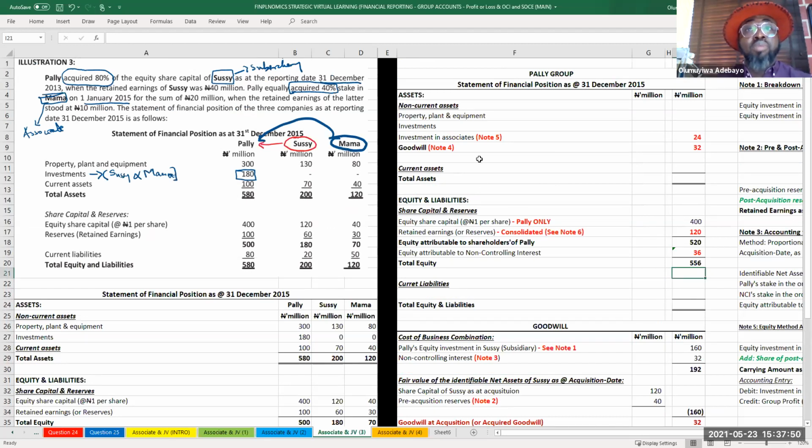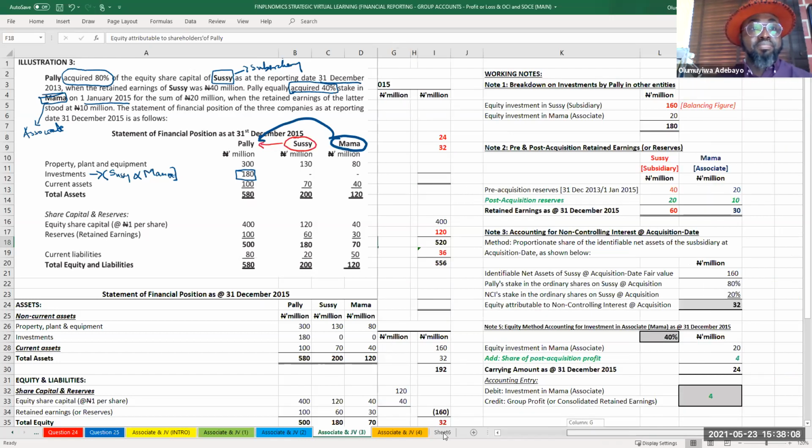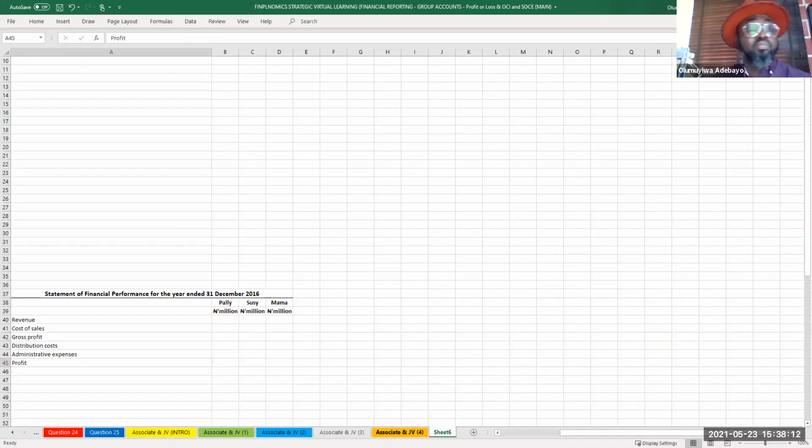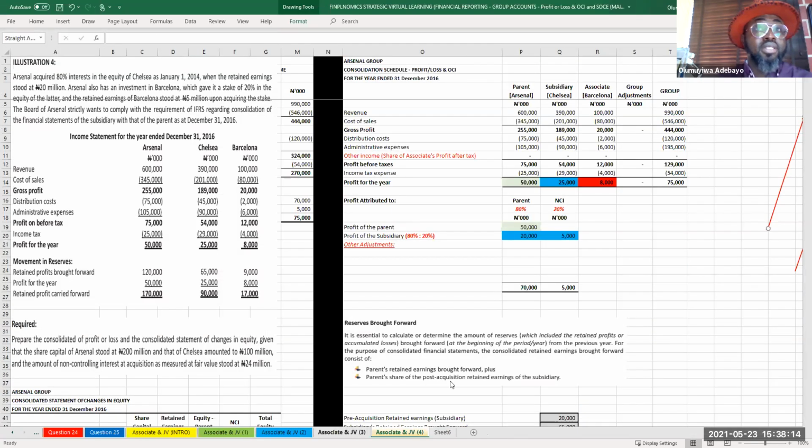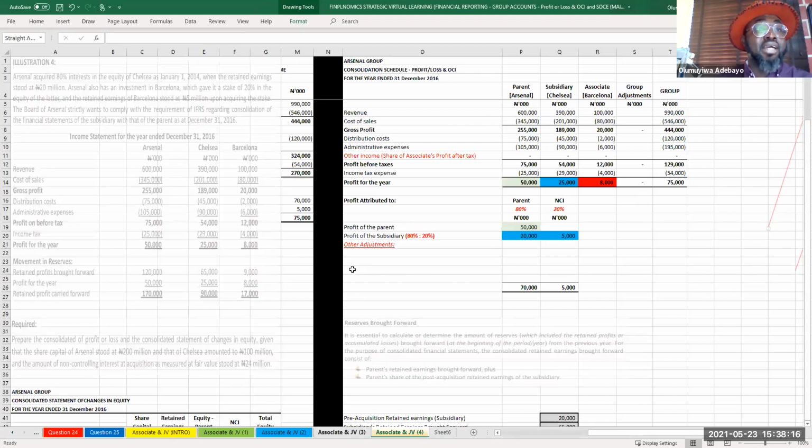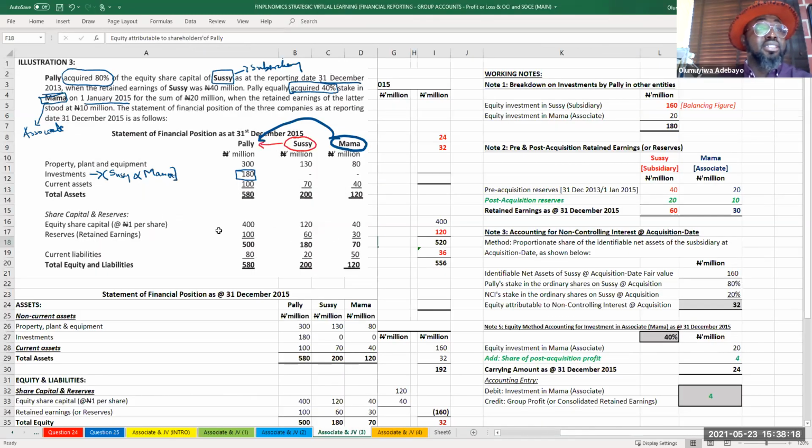Now we could go back to other items like PPE. What is my PPE? My PPE for Pali is 300. My PPE for Susie is 130. My PPE for Mama is 80. But you must take note of something before I proceed, that Mama will never be consolidated.